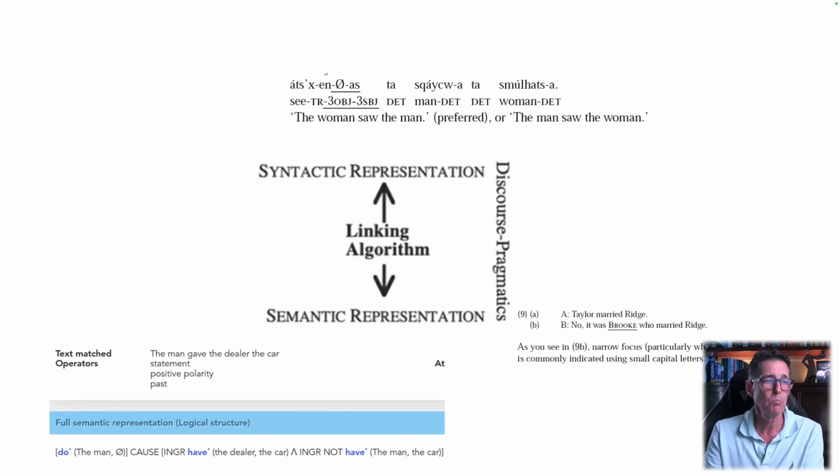Alternatively, you could say, 'No, Brooke,' in which case you'd be saying Taylor married not Ridge, but Brooke. And those types of tricks, which can be extremely fast, can also be extended with examples like this: 'No, it was Brooke who married Ridge.' And these are discourse pragmatics considerations that allow us to be very quick and extremely accurate with conversation.